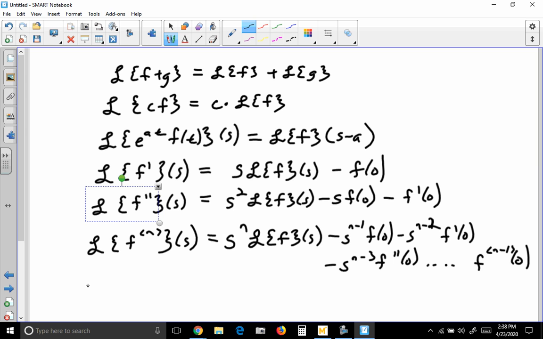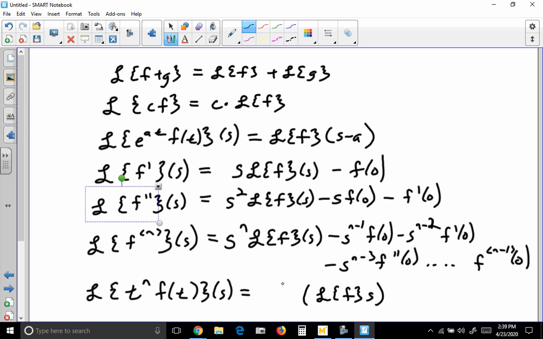So the last property that we have here is when we multiply a function times t. What impact does that have? We transform our base function. That gives us some base function f. We take the nth derivative of that base function.